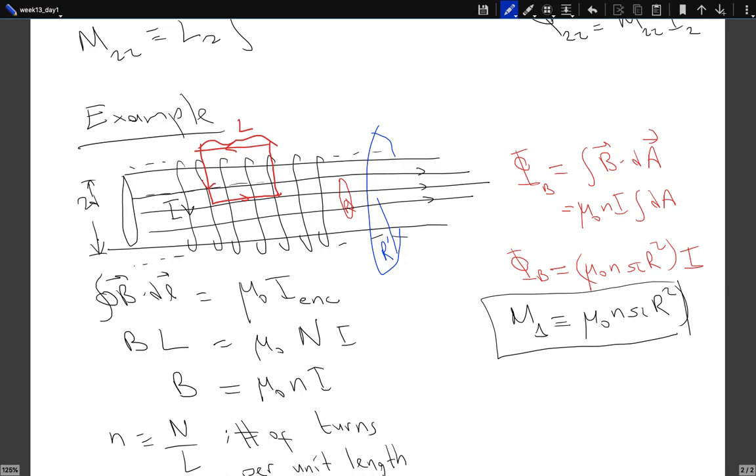The radius of the solenoid, let's say, is 2d. The radius is just d.